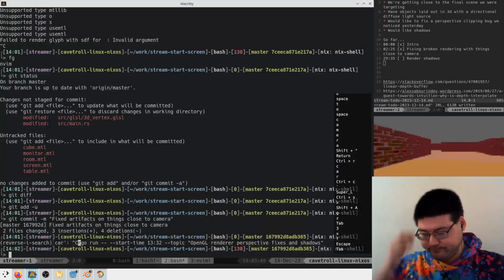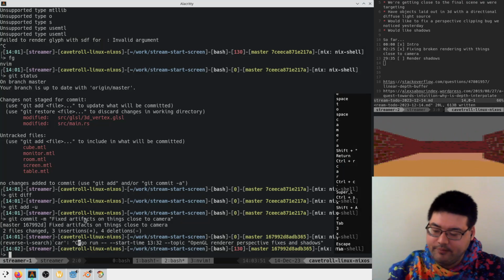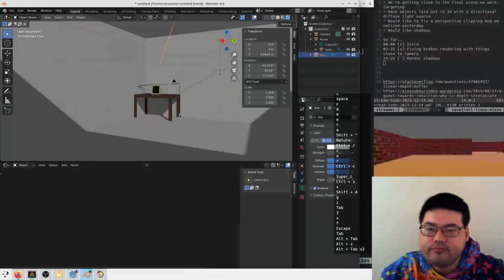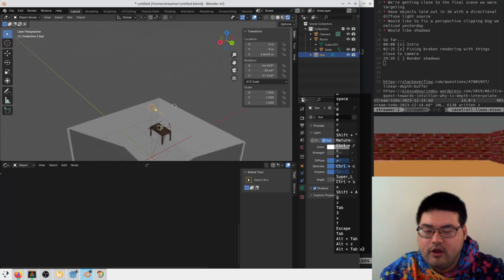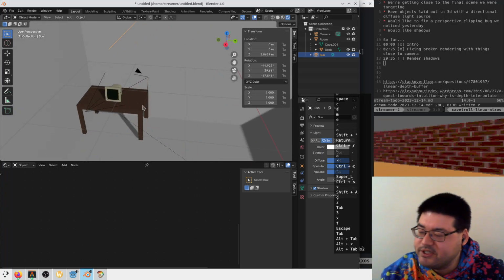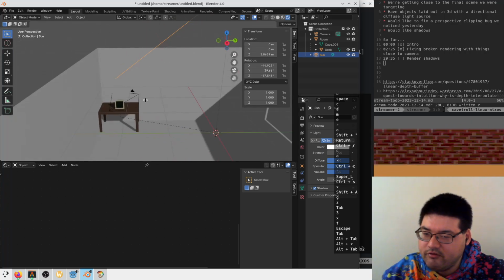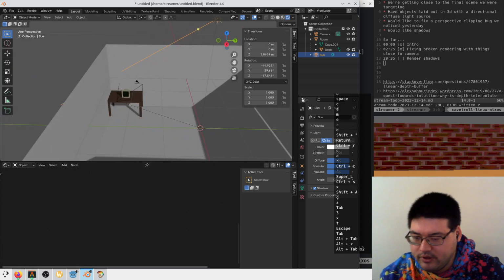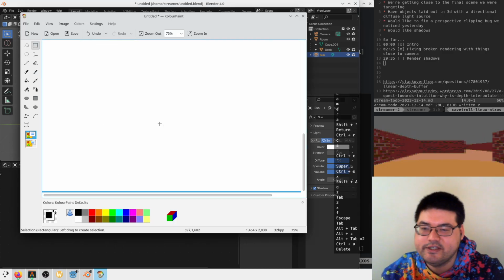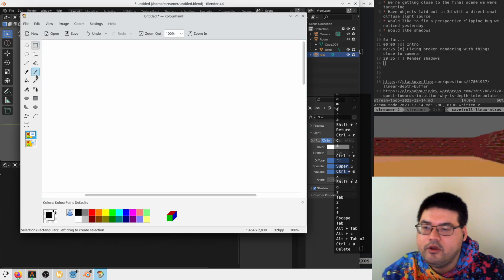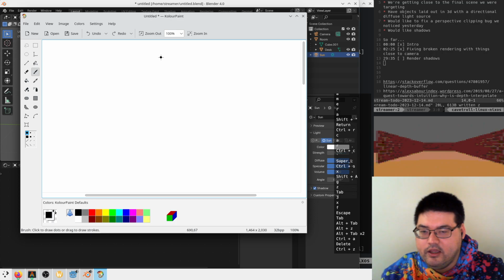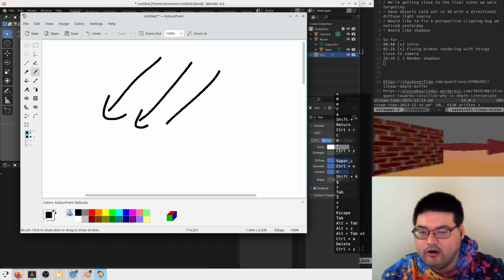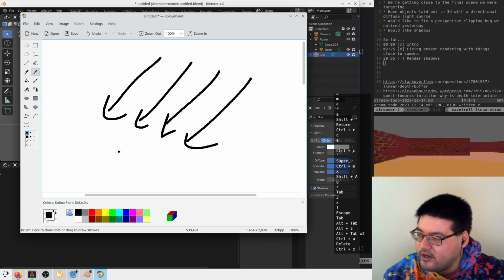So I guess in our situation, the situation of the sun, we don't have a specific point for a light, right? It's implemented as a constant stream of parallel light lines coming in the same direction.